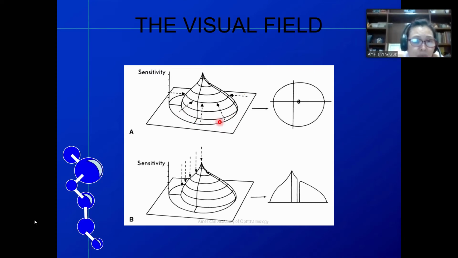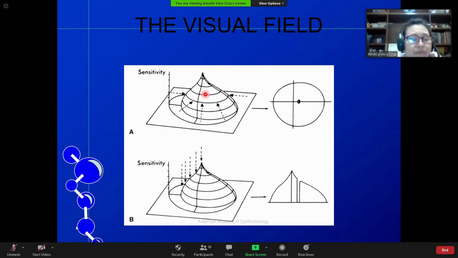Now, remember, why is this so acute? Why does the macular area have a very good visual function? What are in this layer, in this part of the retina, in your macular area? Photoreceptors.